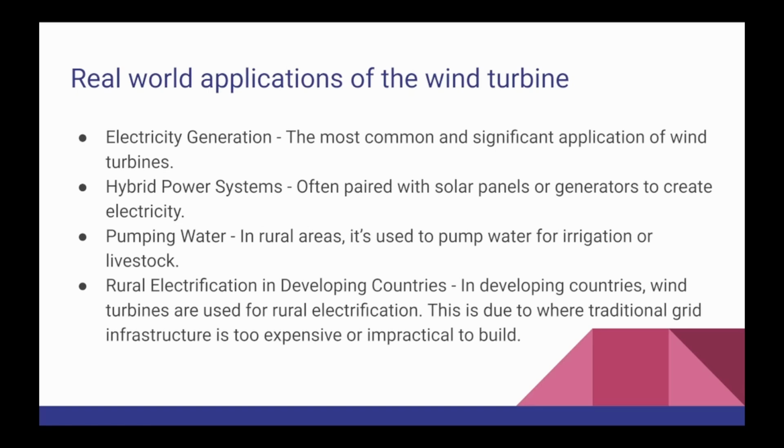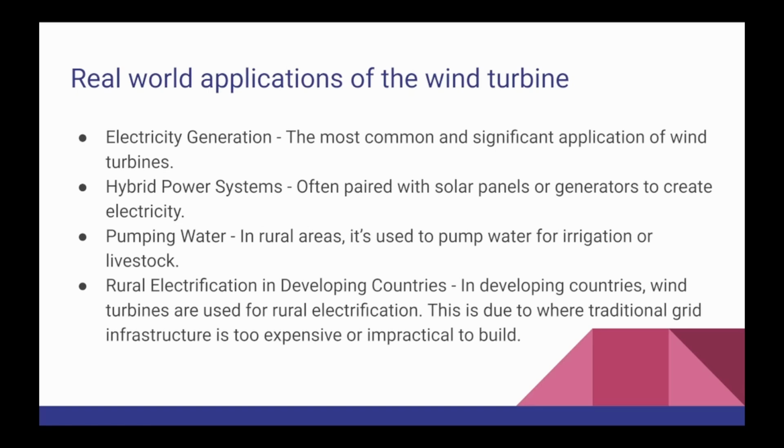You can use it to pump water in rural areas for irrigation or livestock. And then our last usage here is to bring electricity to rural areas. Basically, in developing countries where a grid may not be sustainable or practical, you can build wind turbines and utilize the natural geography of the area.